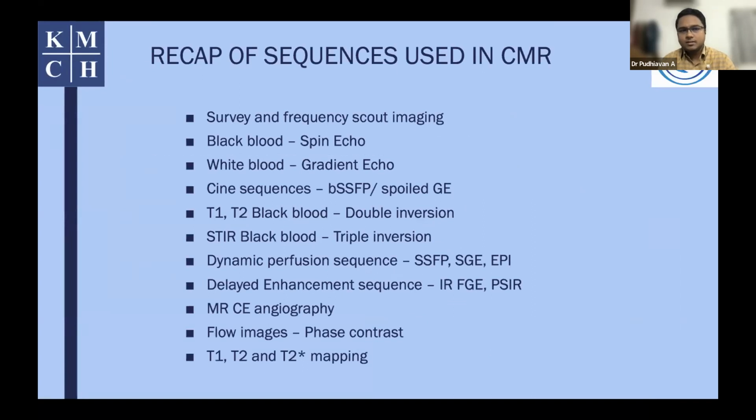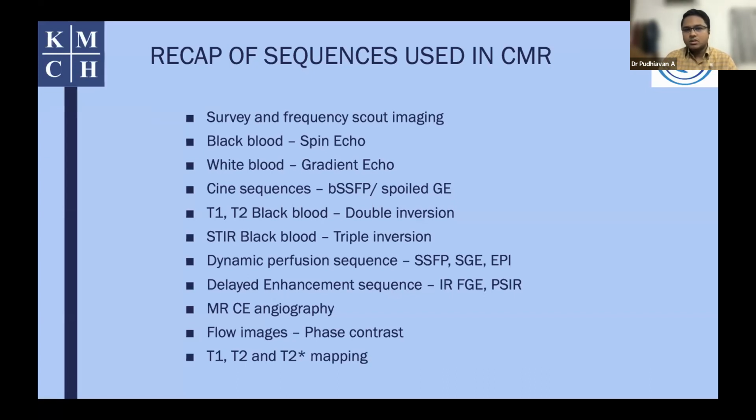A small recap of the sequences used in cardiac MR. We have already seen the basic sequences, the black blood and white blood sequences, the cine, and double and triple inversion recovery sequences. We had a wonderful talk on flow and phase contrast imaging by Dr. Rajesh sir.